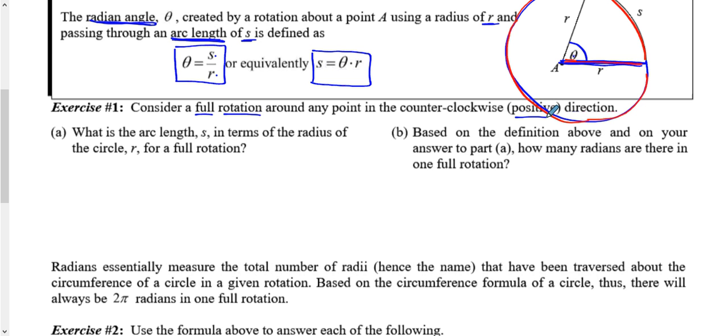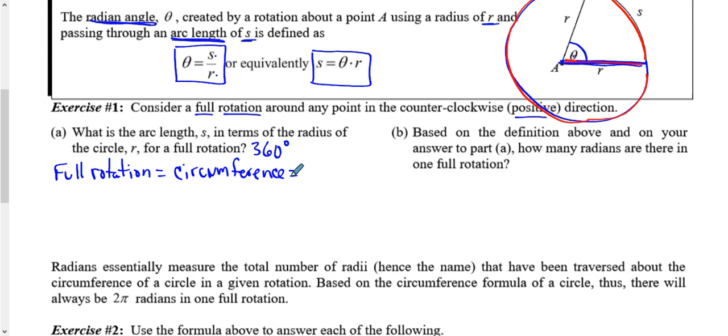So, A, what is the arc length S in terms of the radius? For a full rotation. Well, we know a full rotation is 360 degrees, right? They kind of already gave us the formula. So a full rotation, wouldn't you agree that that equals the circumference? And what does circumference equal?